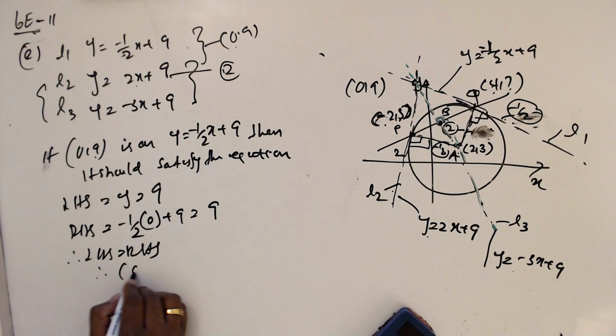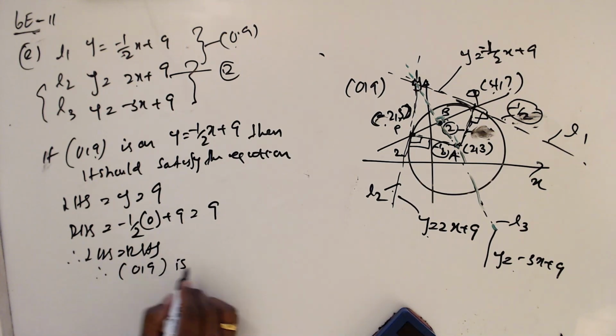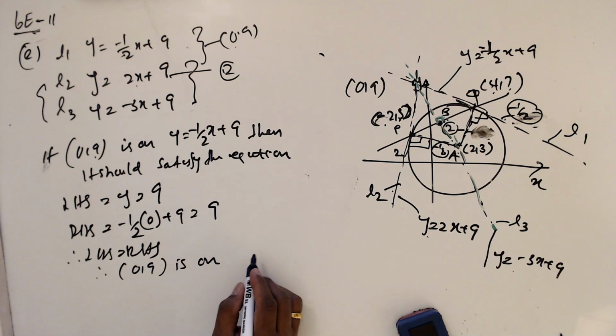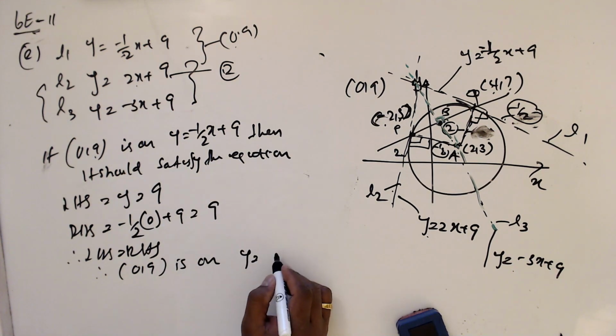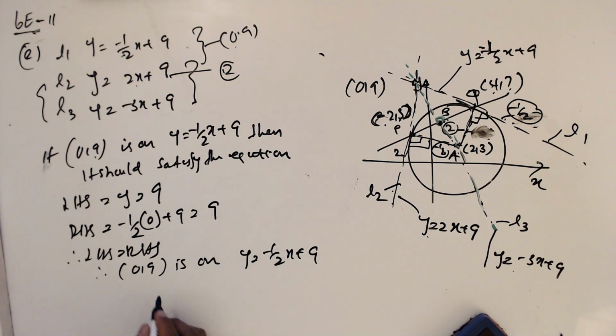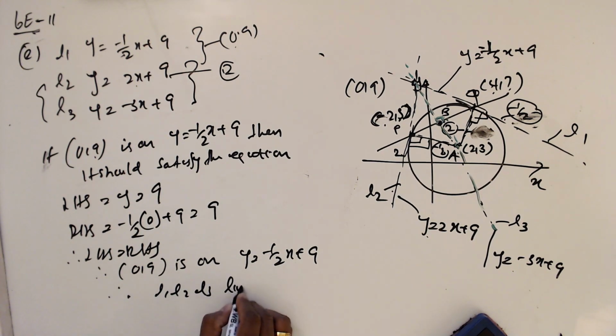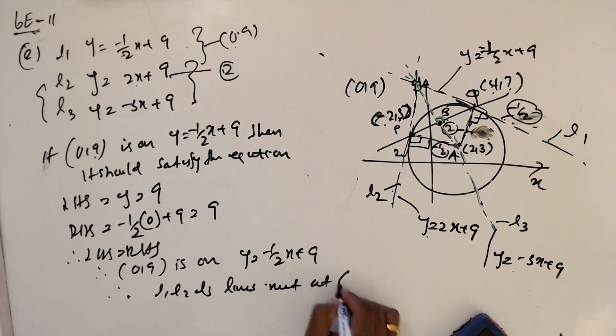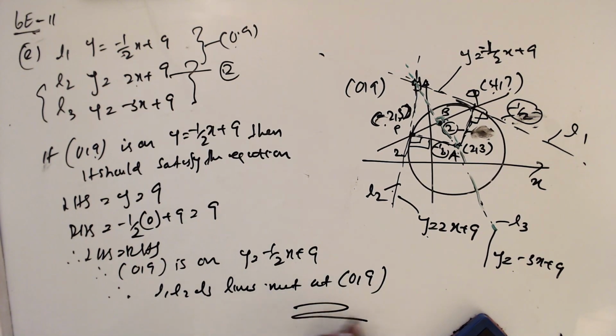Hence (0, 9) is on y equal minus half x plus 9. Hence L1, L2, L3 lines meet at (0, 9).